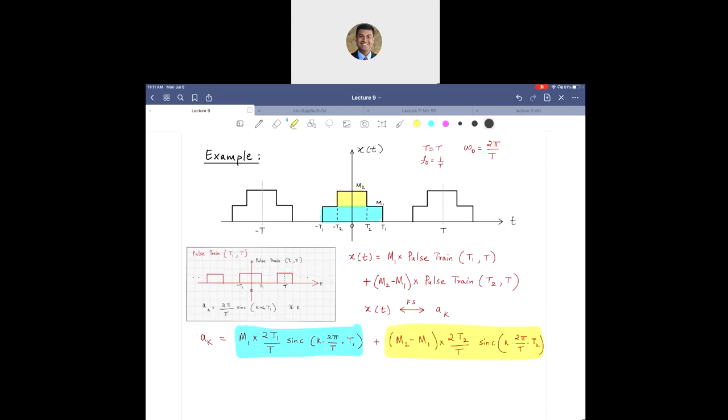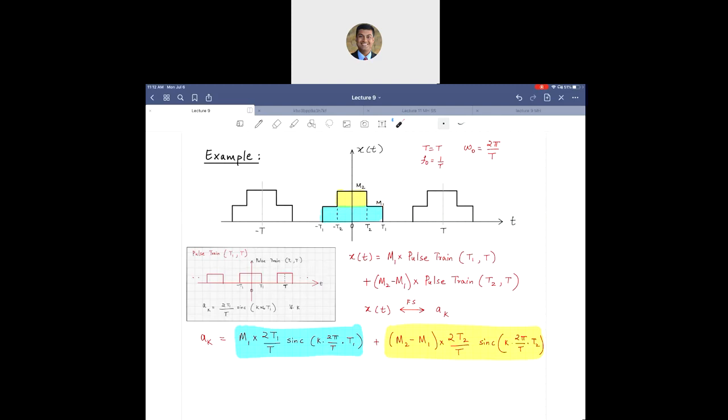Now, I hope you see that a really bad way to solve this problem is by applying the definition of Fourier series coefficients to the overall signal. Then you will be spending a lot of time to get the same result, right?